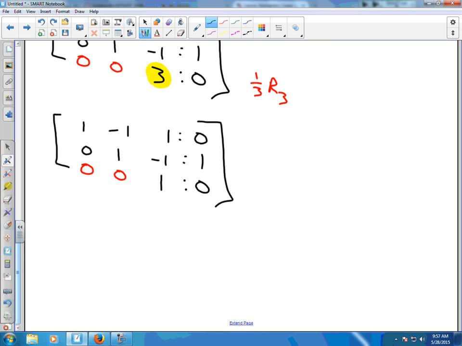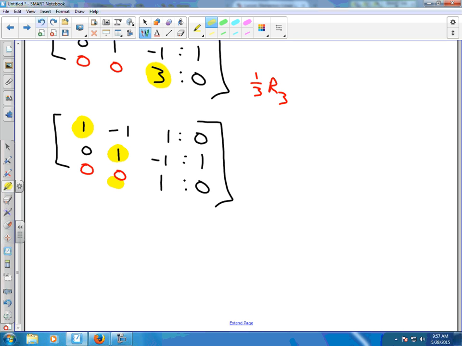Now, reduced row echelon: once we get it in row echelon, we need all of the values above our pivots to be 0. That's a pivot. We have all the other values in that column 0. That's a pivot. We have a 0 here.